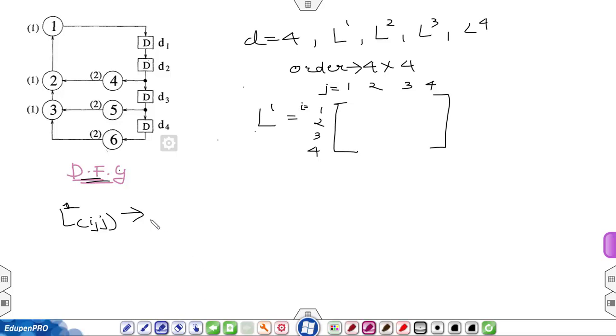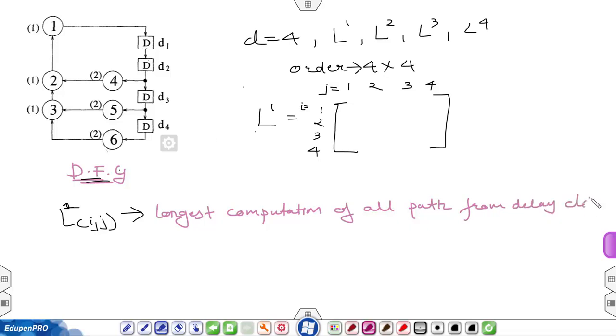L1 i comma j is defined as the longest computation time for all paths from delay di to delay dj that pass through exactly m minus 1 delays.